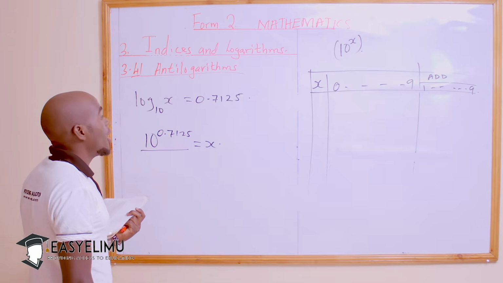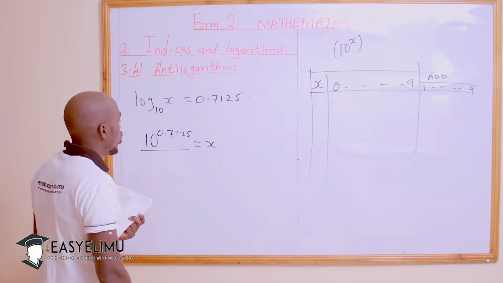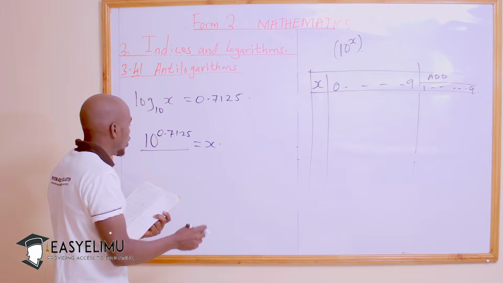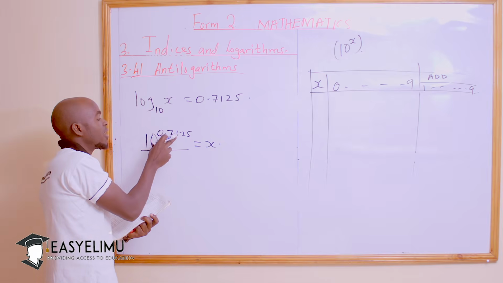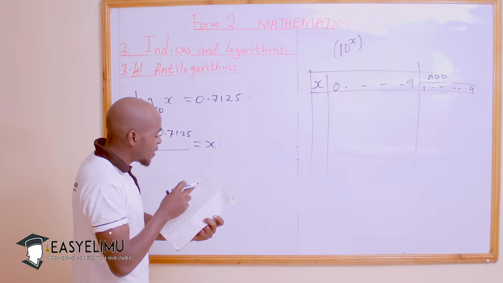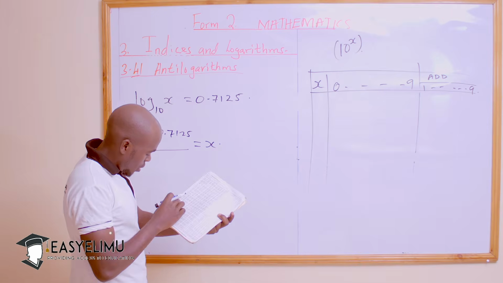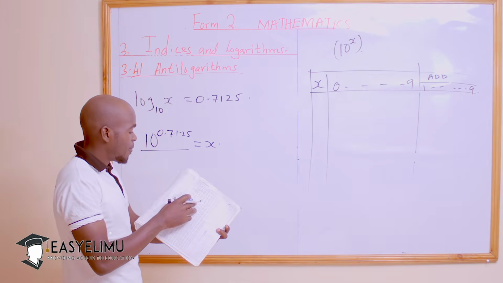So in the case of 0.7125, in order to find the anti-logarithm, you locate 0.71, and you will find it on the next page.